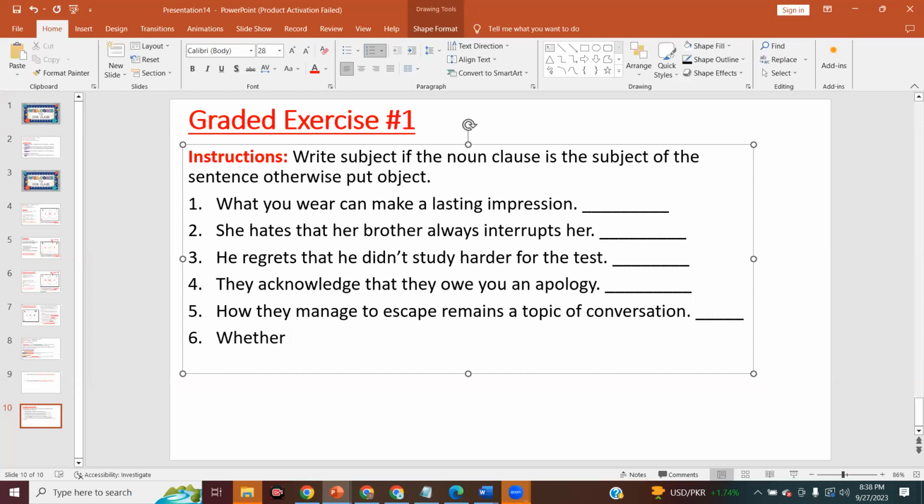Whether or not. The other 10. The event is uncertain.